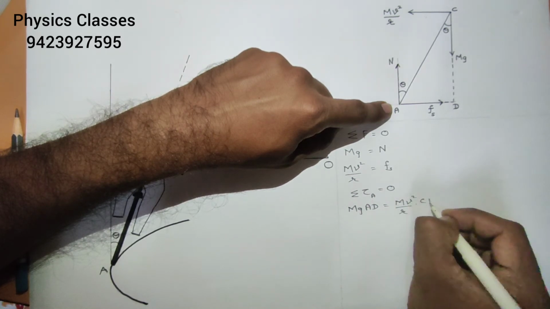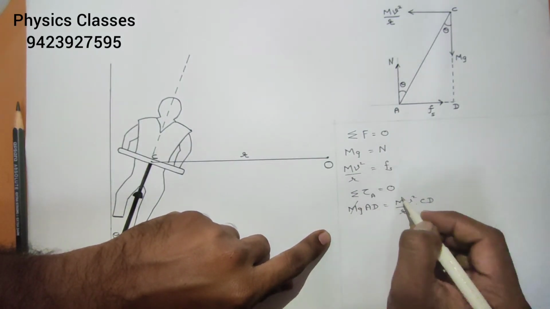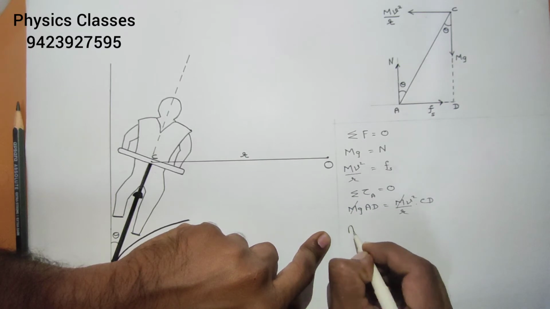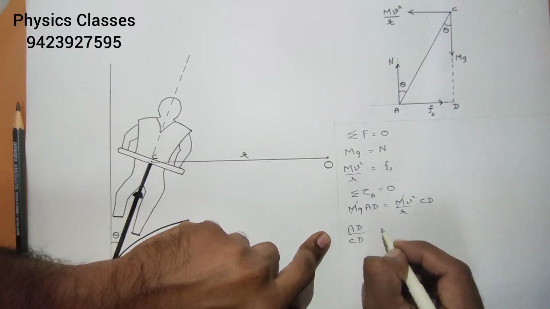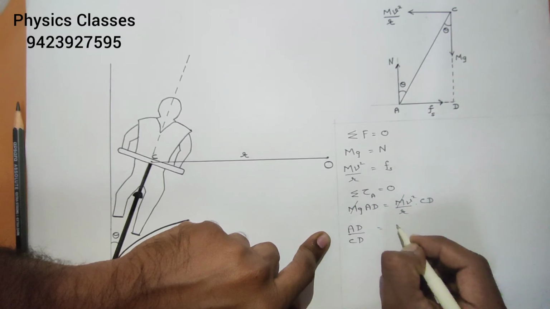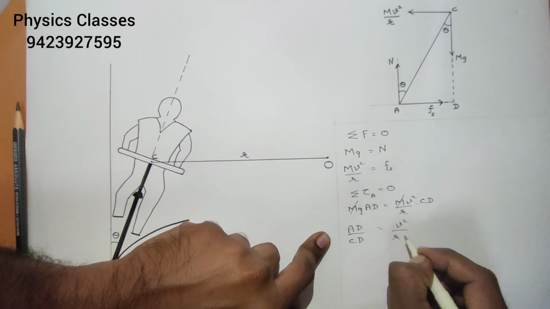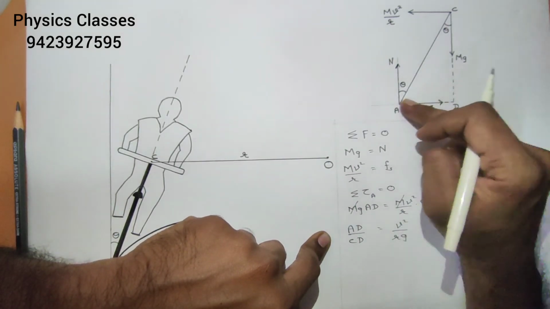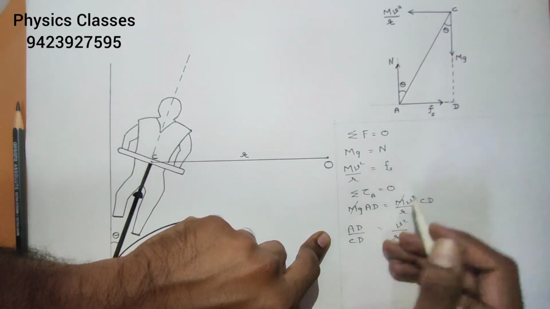Over here m and m will get cancelled. So AD upon CD will be equal to v square upon rg. What is AD upon CD? AD upon CD is nothing but tan of theta.